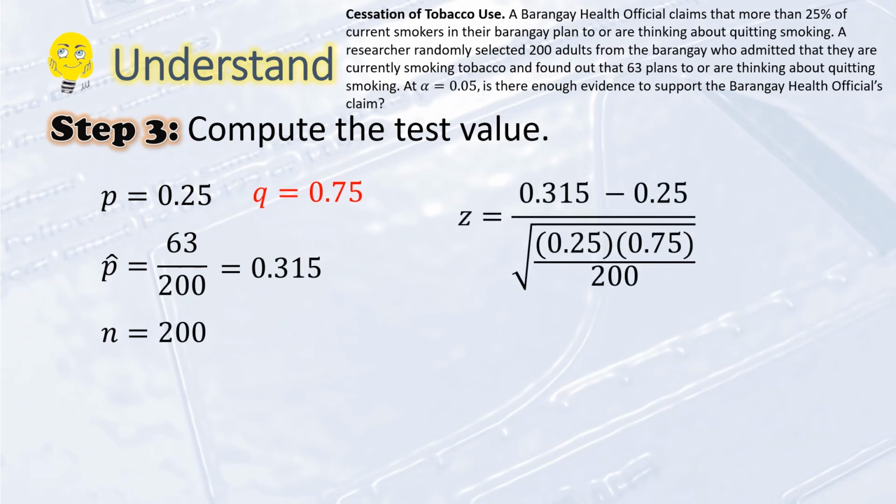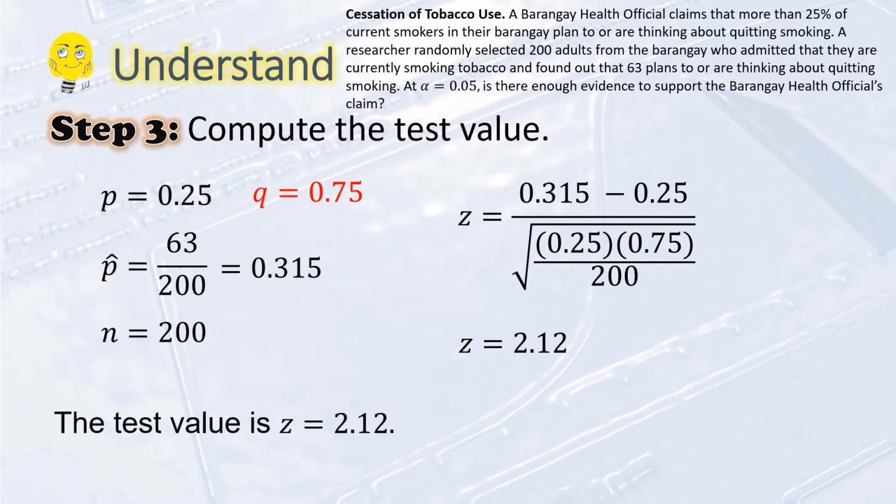Substituting these values to the formula, we have 0.315 minus 0.25 over the square root of 0.25 times 0.75 over 200. Using our scientific calculator, we can get the z-value or the test value as 2.12.